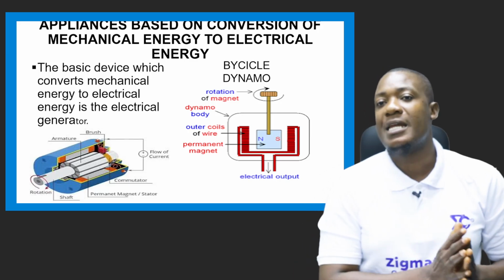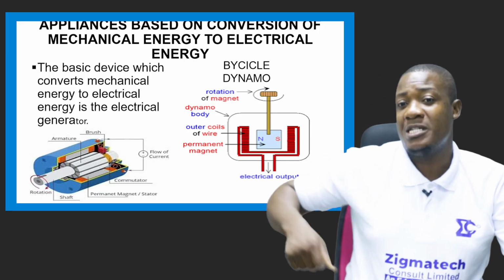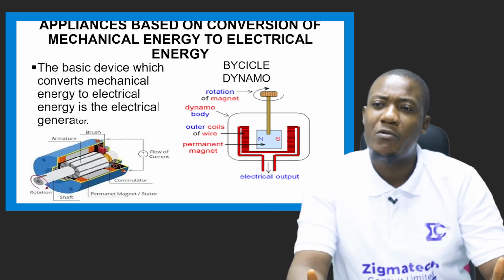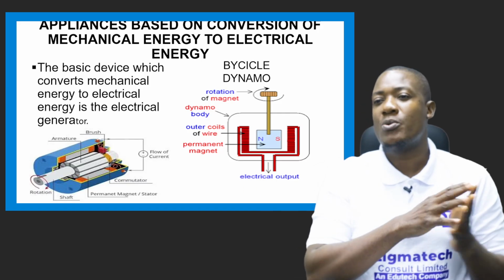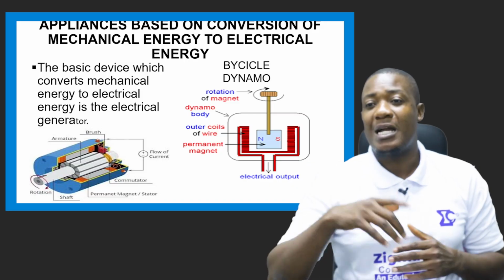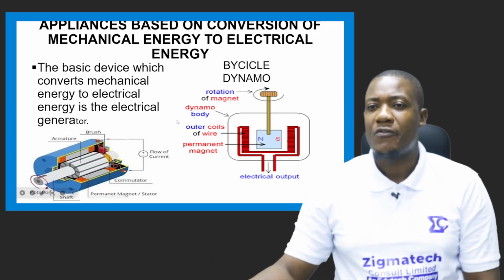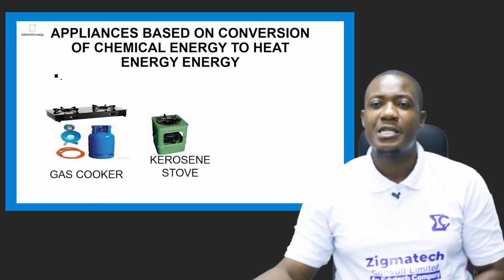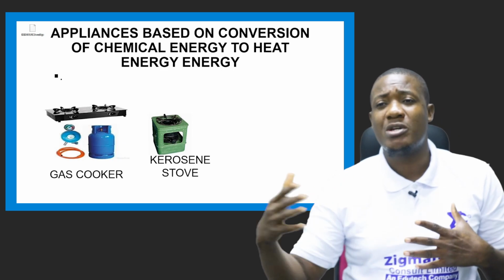So you can see here now that mechanical energy, which is achieved by turning the shaft, has been converted to electrical energy, and every other thing will work. Okay, the dynamo, like I was telling you, also works on the same principle of conversion of mechanical energy into electrical energy.